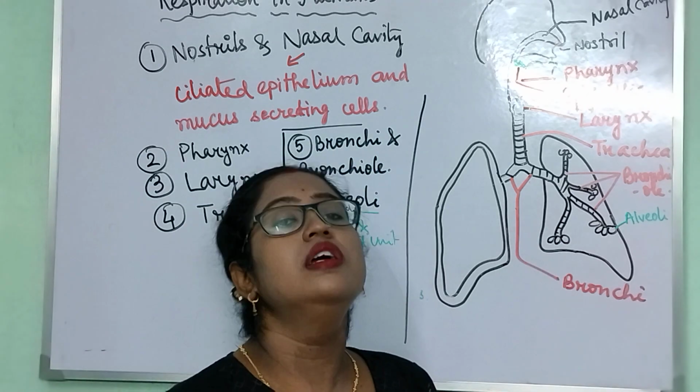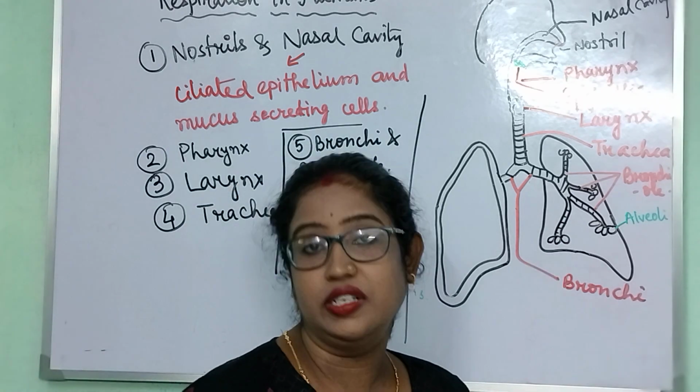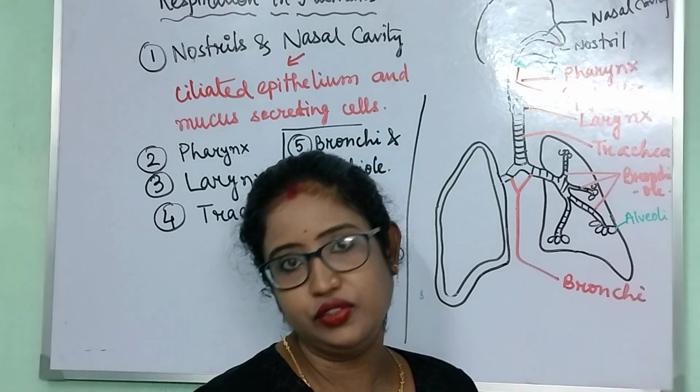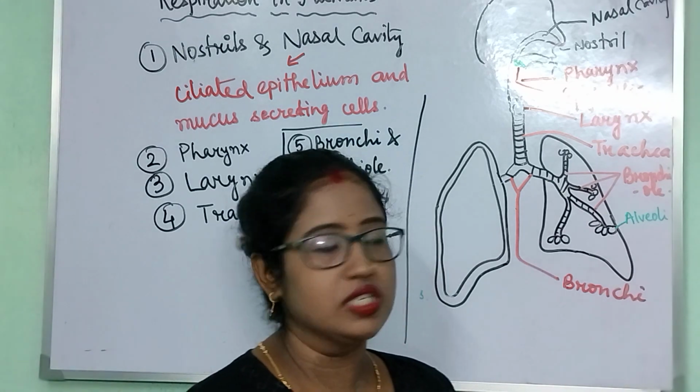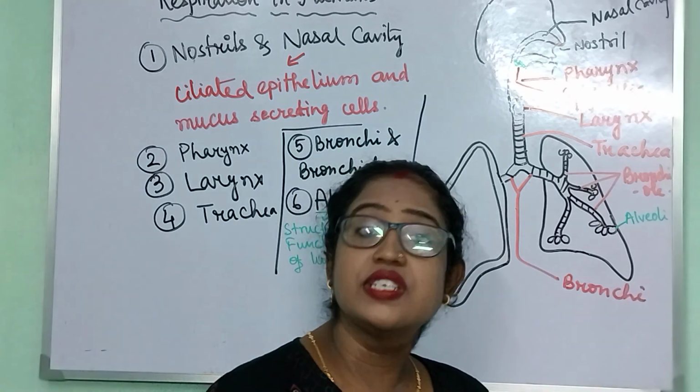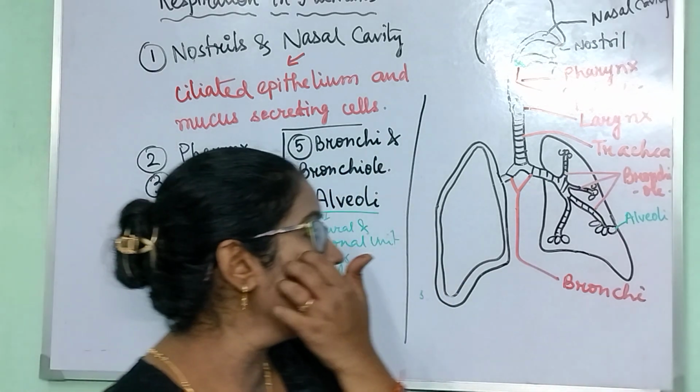There are about 700 million alveoli, these balloon-like structures, present in each and every lung.